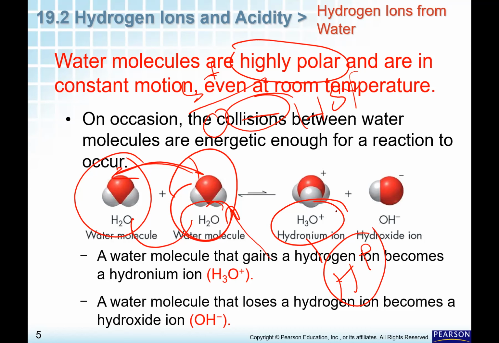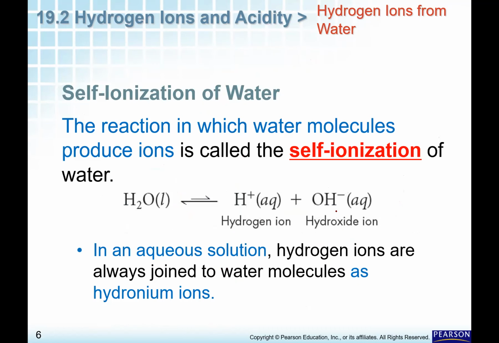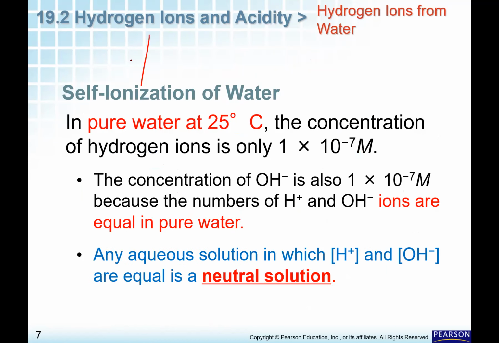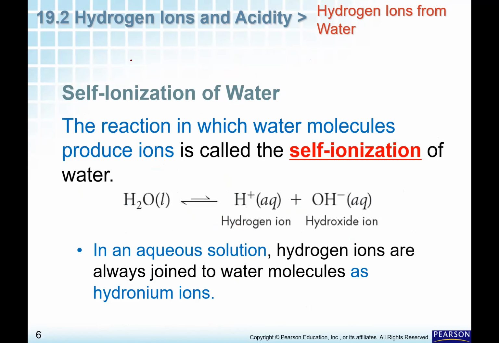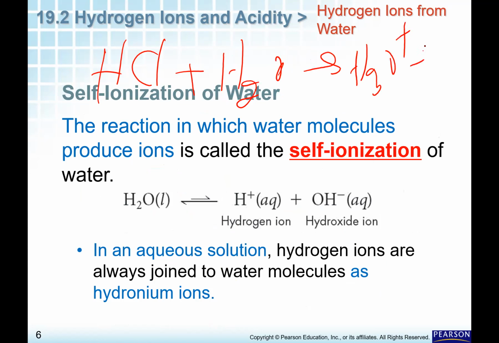So with this kind of reaction, which is usually called a self-ionization reaction, the water molecules will ionize themselves. A typical ionization reaction is, for example, HCl plus H2O, producing H3O plus and Cl minus.